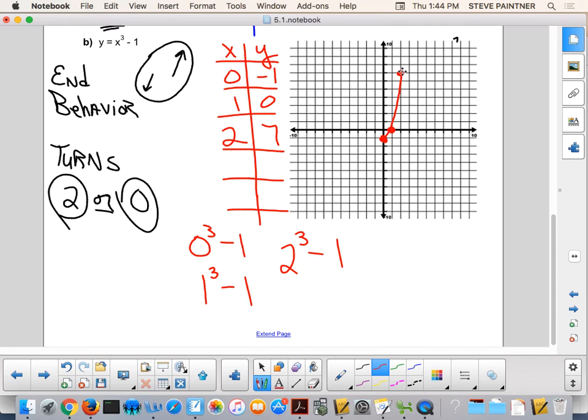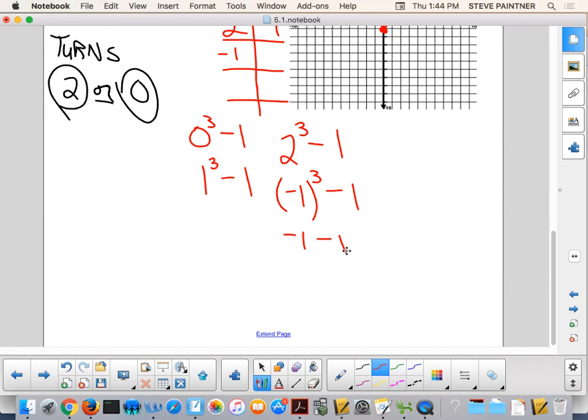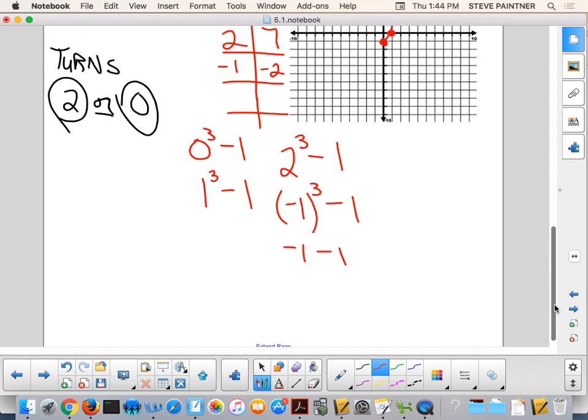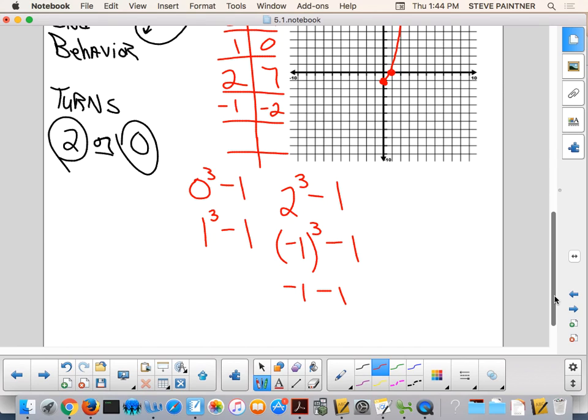When you try negative 1, what happens? Negative 1, cube it, take away 1. Negative 1 times negative 1 times negative 1 is negative 1. So it's negative 1 and another negative 1, negative 2, which is right here. Yes. Okay. So far.